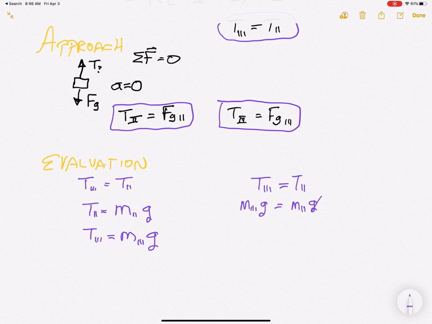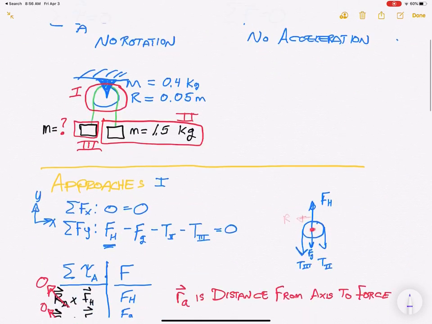We don't need the force of gravity, it cancels on both sides. So mass of 3, which is what we are looking for, had to be 1.5 kilograms.